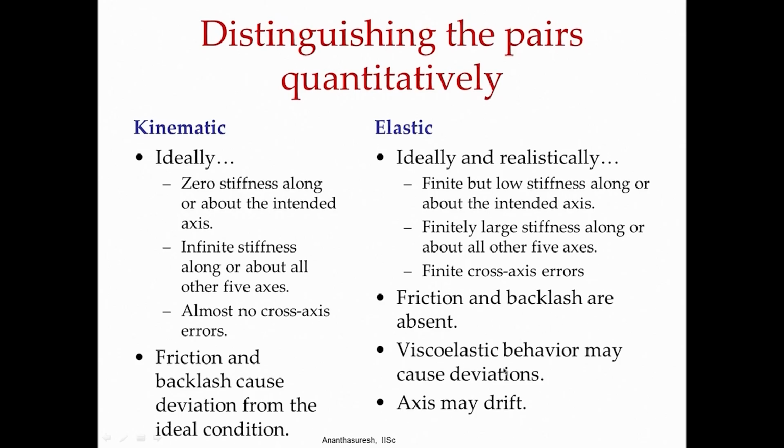But viscoelastic behavior, whether it is made of polymers or metals, can cause deviation. Sometimes the axis itself might drift a little bit, which is not usually present or does not happen in kinematic pairs. We need to understand these two very well as to what kinematic pairs can do, what elastic pairs can do.